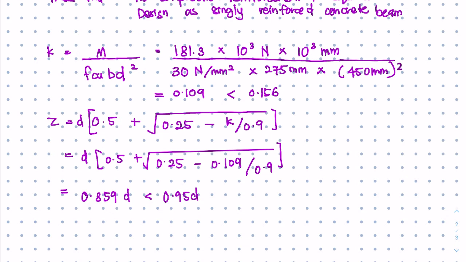So we are going to use 0.859D in the formula of AS, the steel area, because it is less. If it were larger than 0.95D, we would take the value 0.95D.